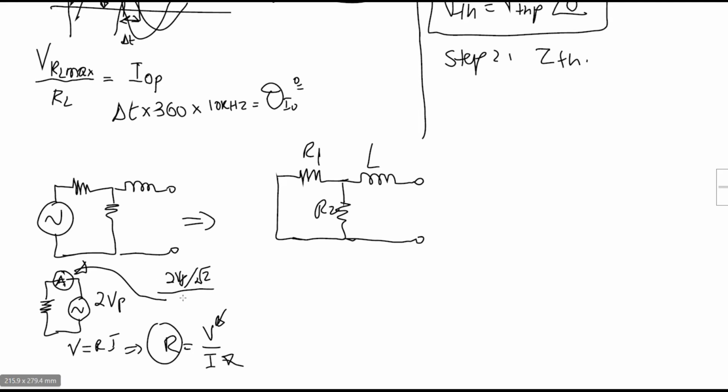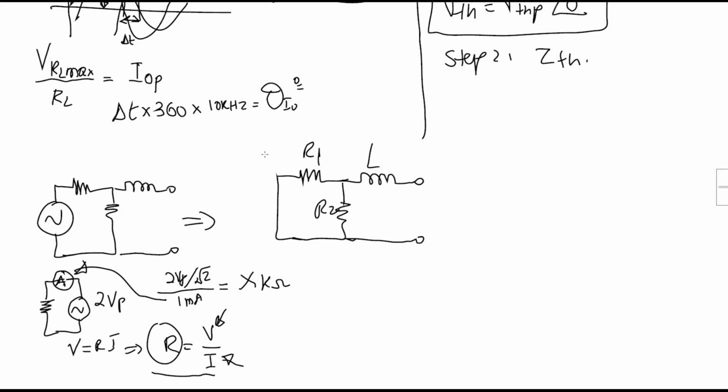Just for example, let's say 1 milliamp. If we do the division, it will be X kilo ohm. So this is how we can find the value of the resistor, by supplying it with a voltage source and measuring the current flowing through it, and applying Ohm's law.